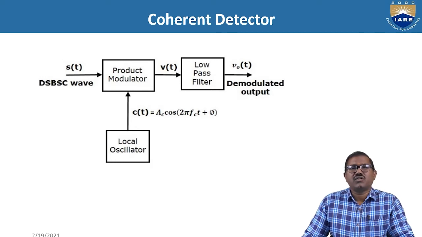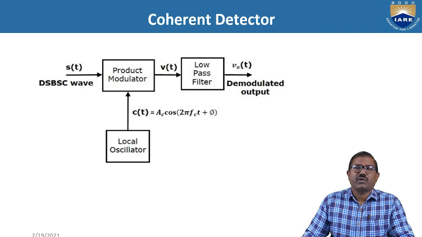S of t is the modulated signal, what we call the DSB SC wave, which is applied to this product modulator.